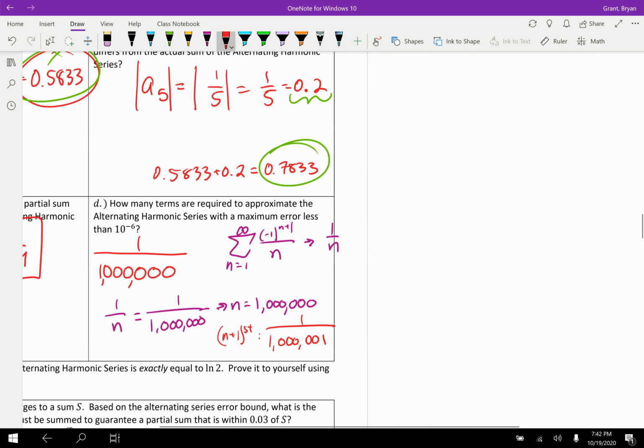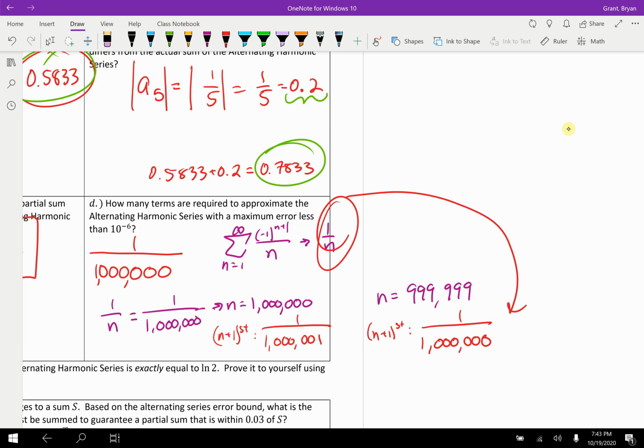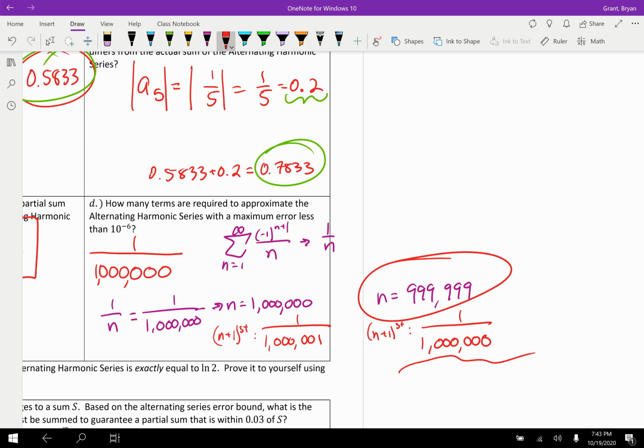But what if I added up the 999,999 terms? Well, then my error, the n plus first term, would be 1 over 1 million. The next term that I didn't write is this term right here. We just plug in the value. So this would be off by at most 1/1,000,000th.